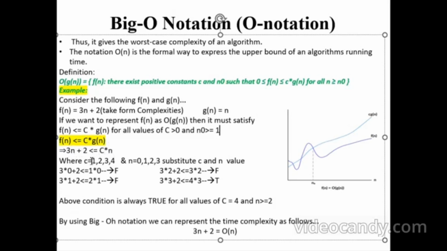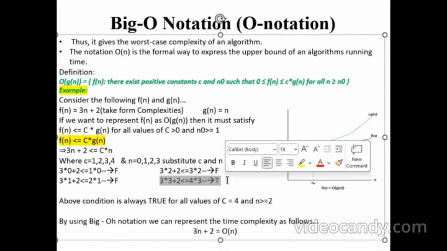From this equation we have to substitute the constant value as 1, 2, 3, 4 and n value as 0, 1, 2, 3. So I already substituted the n value and the constant value. So this condition is satisfied.